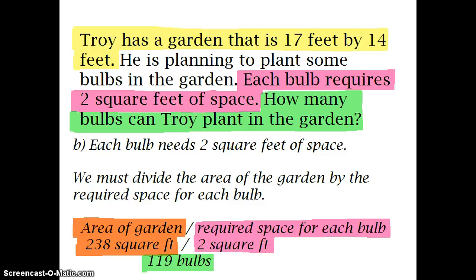In order to see how many bulbs can be planted in Troy's garden, we must divide 238 square feet by the required space for each bulb, which is 2 square feet. So 238 square feet divided by 2 square feet is equal to 119. Troy can plant 119 bulbs in his garden.